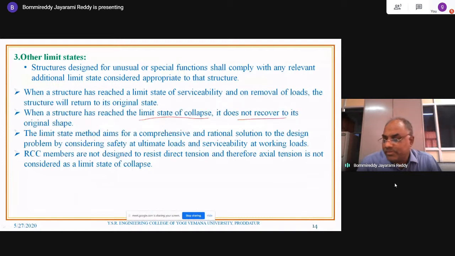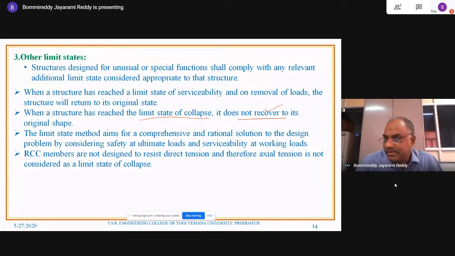Because of additional loads acting on the structure, if it reaches the limit state of collapse, even after removal of all the loads, it will not recover to its original shape.